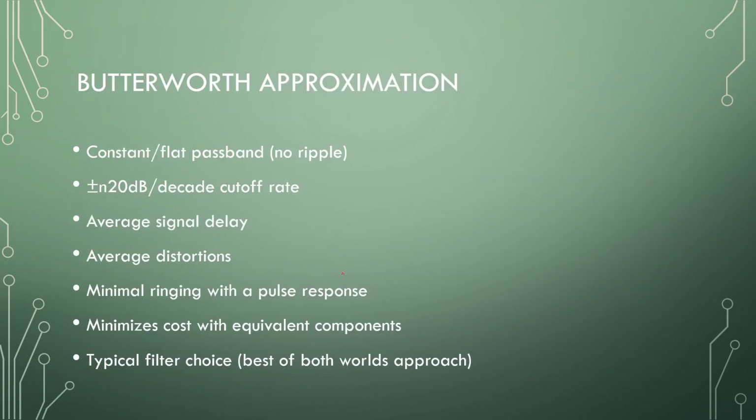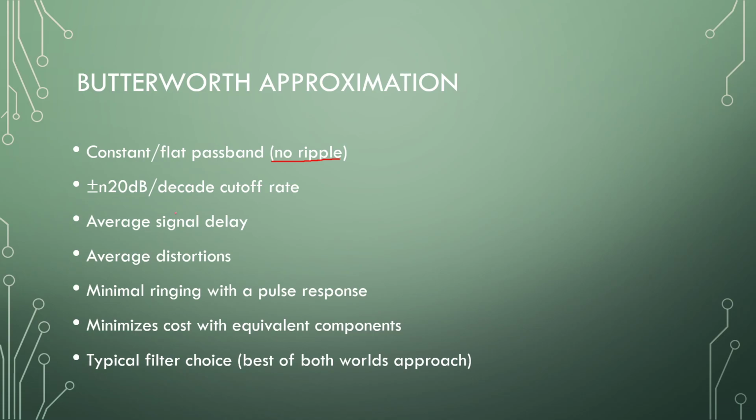Let's look at the three filters separately. The Butterworth has a constant or flat passband, no ripples at all. It has a 20 decibel per decade cutoff rate, and for each order, this will increase. So for second order, 40, for the third order, 60, and so on.